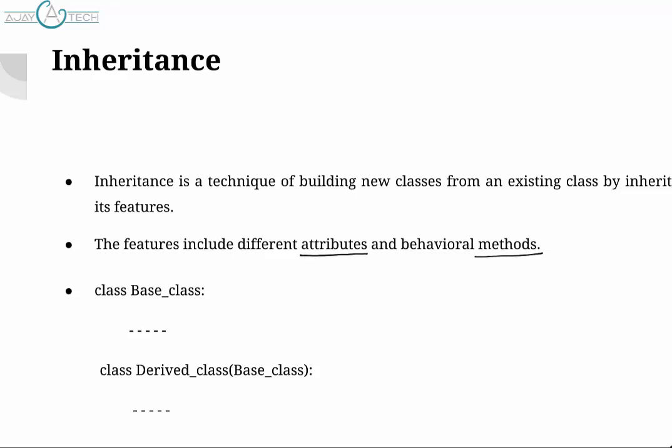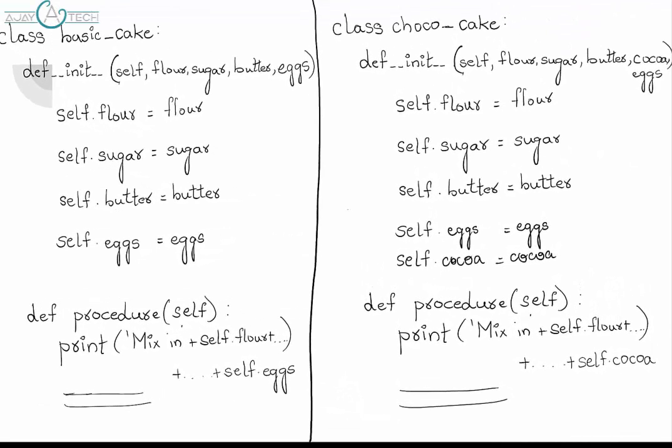Let's understand inheritance using an example. So here on the screen, I have defined two classes. On the left hand side of the screen, we have a class basic cake, which defines an init method which lists down the ingredients, and there's another method procedure which describes the procedure to make a basic cake.